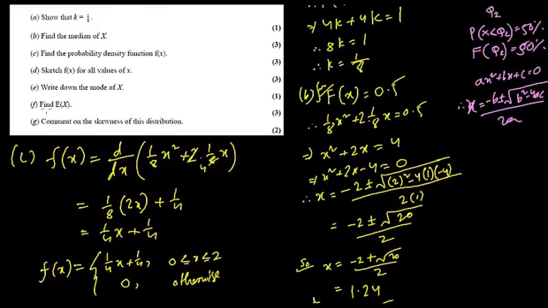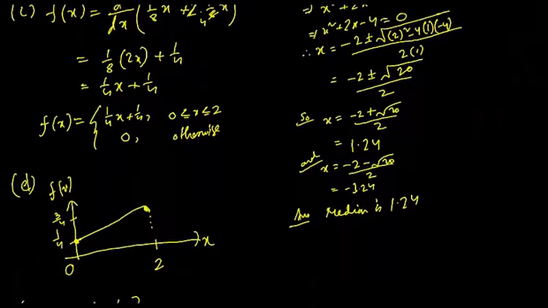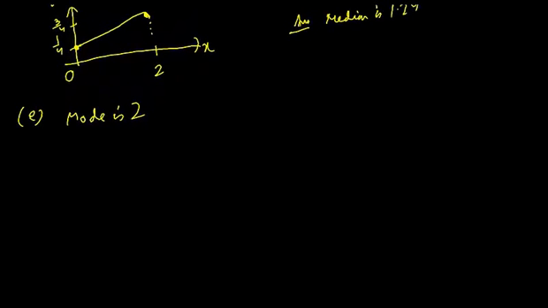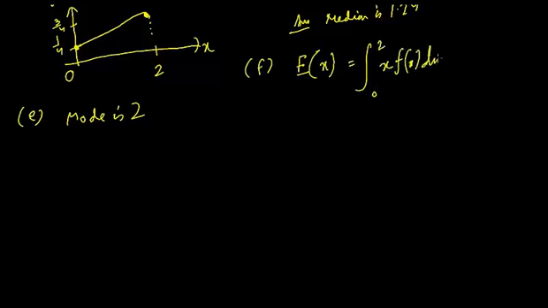Next, question number F, find the expected value. The rule for expected value is the integral from 0 to 2 of x fx, where fx is 1 by 4x plus 1 by 4.